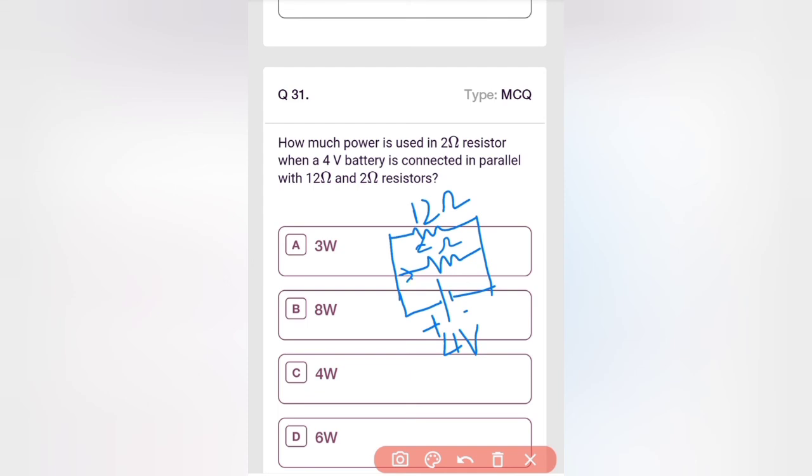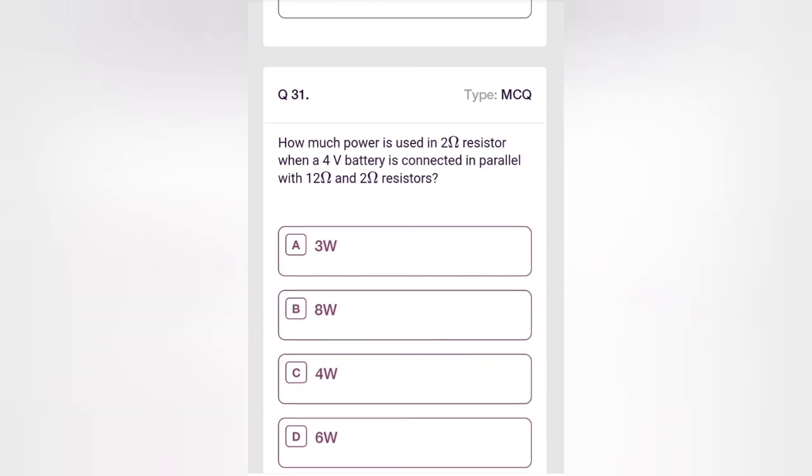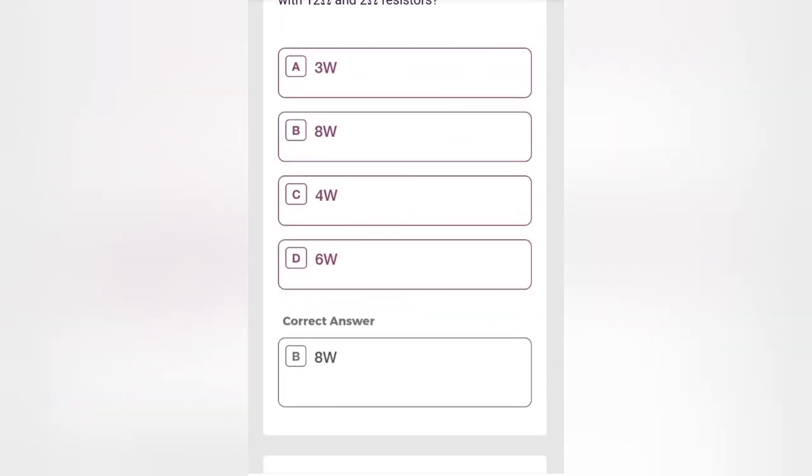So we can find the power here, that is P2. So P2 is equal to V square divided by R2. So we get 4 square is 16 divided by 2, which is 8 watt. 8 watt is the correct answer. Option B.